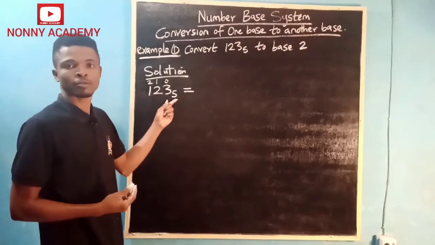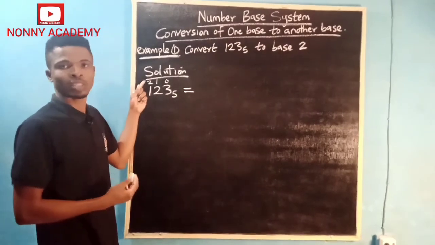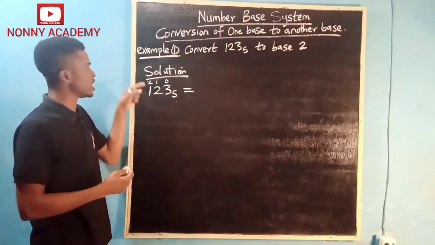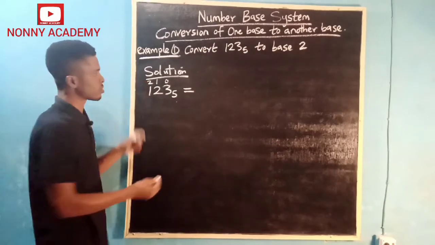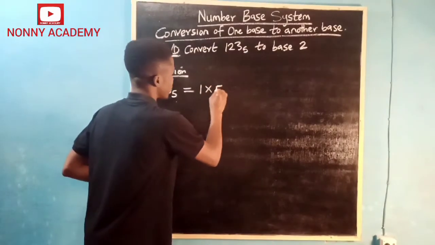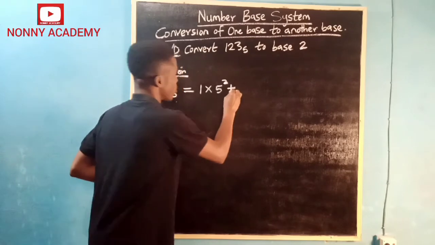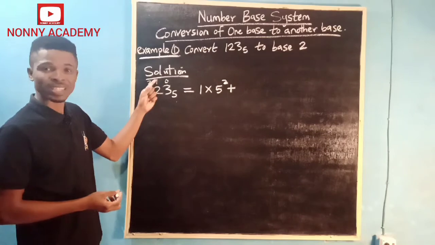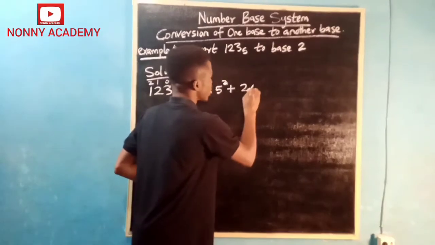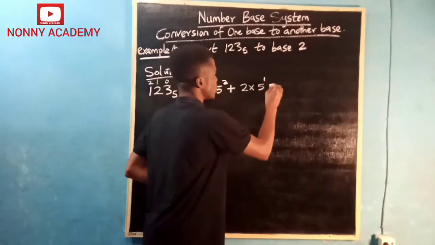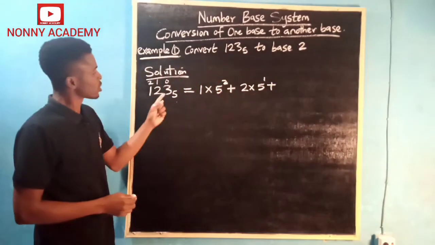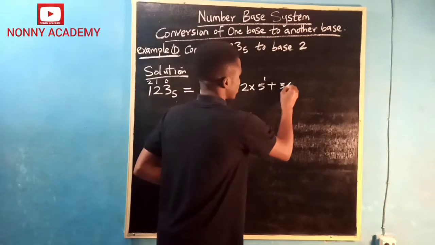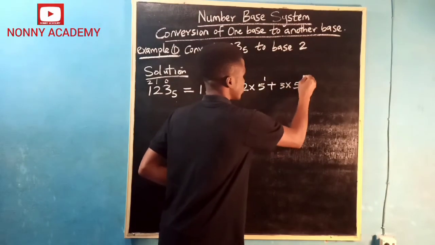The next thing, I will continue using the process. 1 times 5 raised to power 2. That is the digit times the base raised to the power, the index on top of the digit. 1 times 5 raised to power 2 plus 2 times 5 raised to the power 1 plus 3 times 5 raised to the power 0.